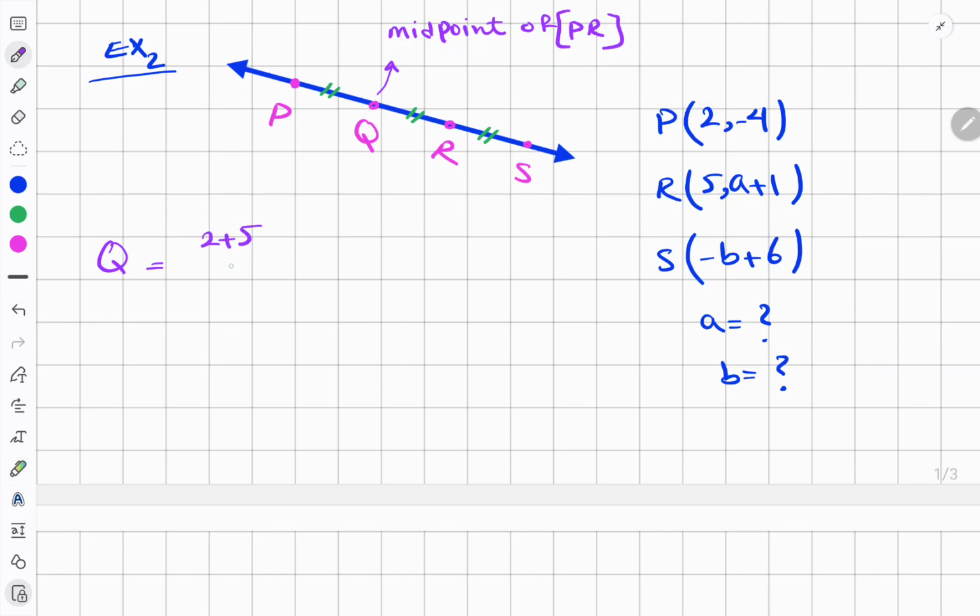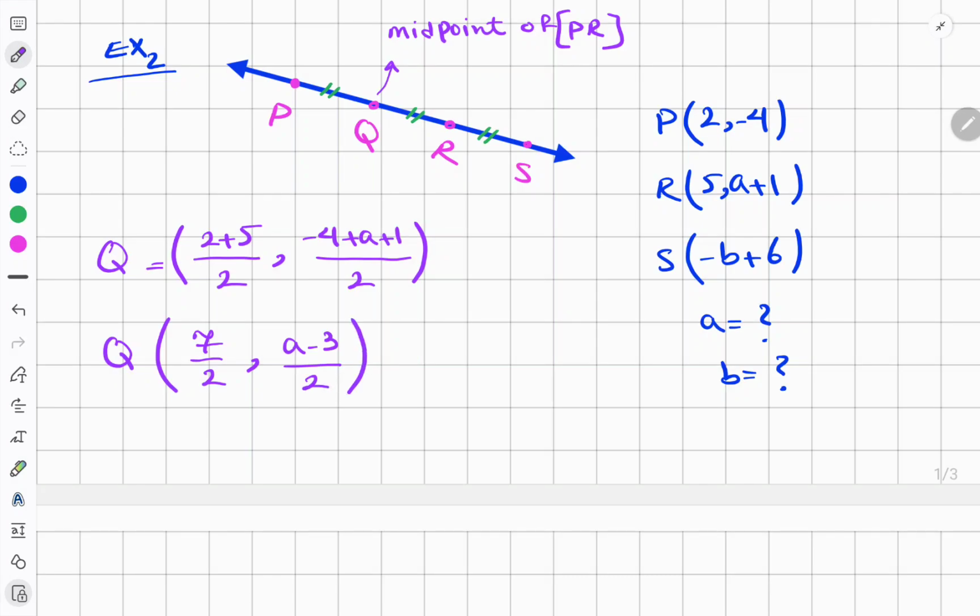So 2 plus 5 over 2. And for y's, the average of negative 4 and a plus 1. If we simplify, 2 plus 5 is 7 halves, and negative 4 and 1 is negative 3, so (a - 3) over 2. So Q is the midpoint of PR, and this is the coordinate of Q.